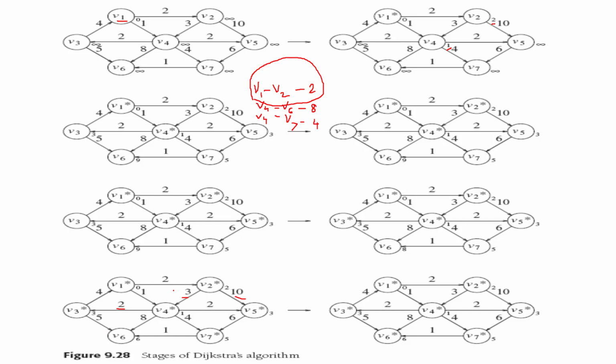Now here I think I missed one step. From v4, I can go to v3, which will be 2, or I can go to v5, which is also 2. Either way we can select any one of those.